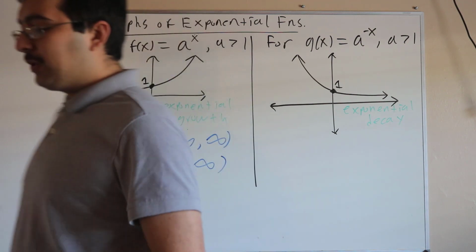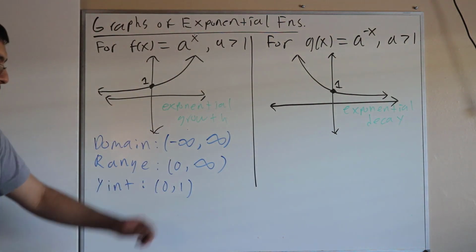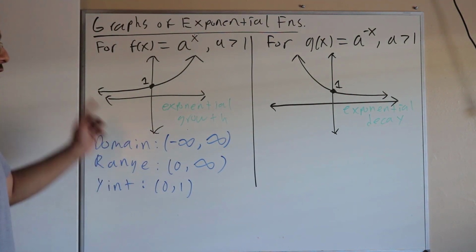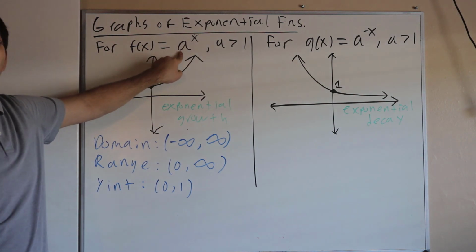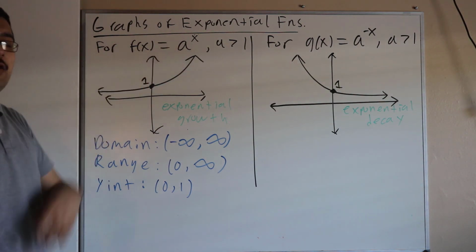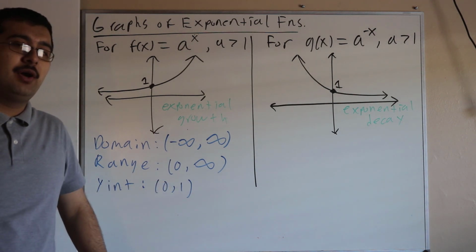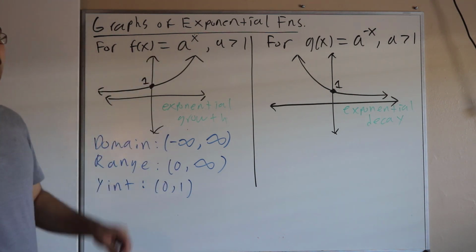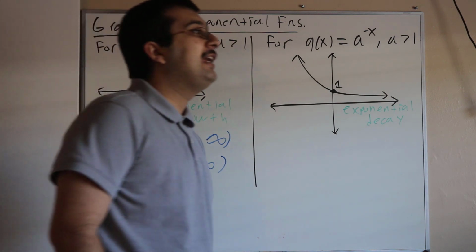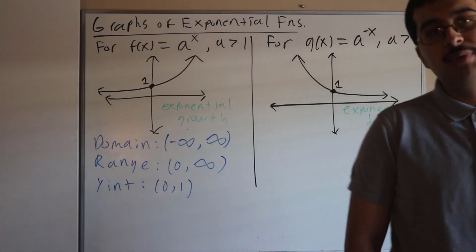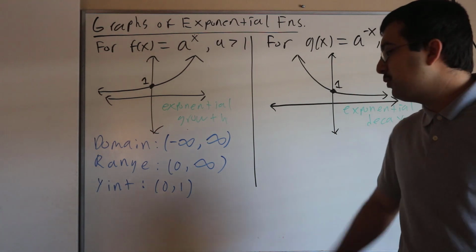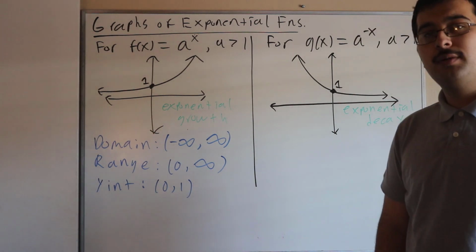What I'm trying to get at here, and this is actually pretty important, is that no matter what your base is, no matter what value of a you choose, the y-intercept will always be (0, 1). So no matter if that a is 3, 4, 10, or 10 billion, the y-intercept will always be (0, 1).